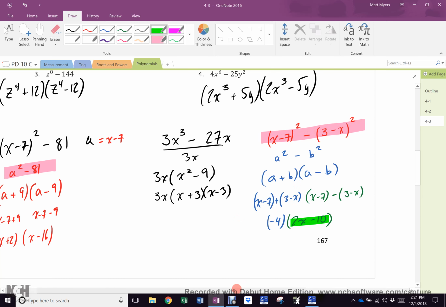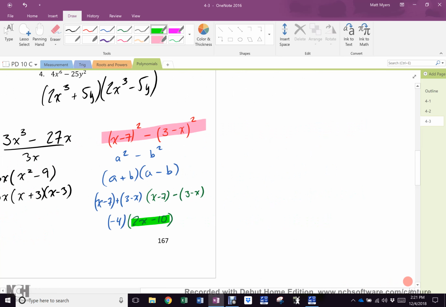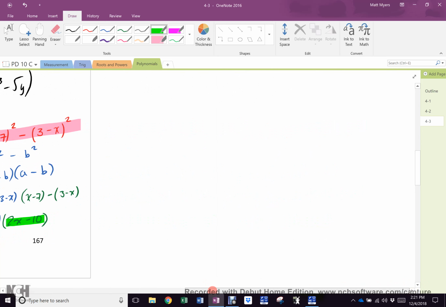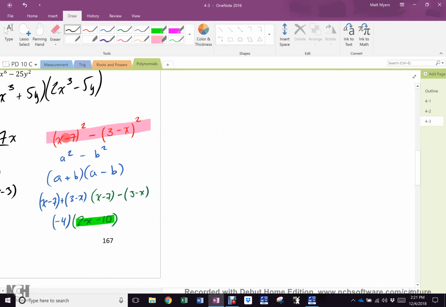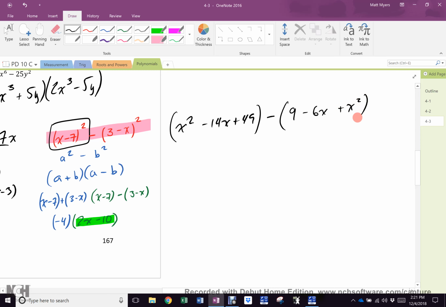Now, stop for a second. I know the day is almost over, but I want to show you guys something. This right here is x squared minus 14x plus 49, isn't it? Minus, this is 9 minus 6x plus x squared, isn't it? Where'd the 6 come from? Did FOIL.